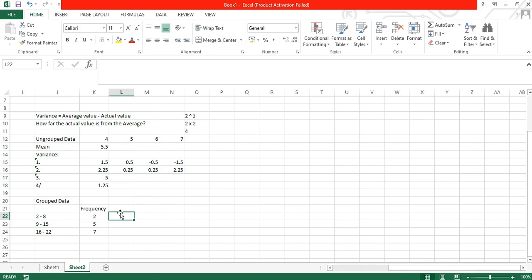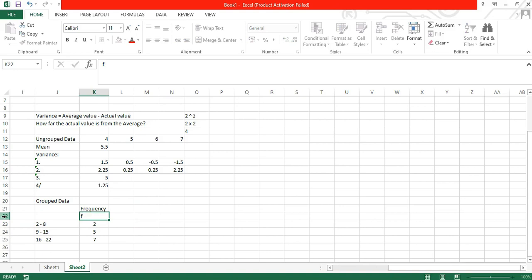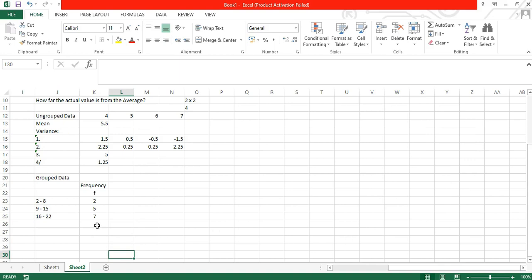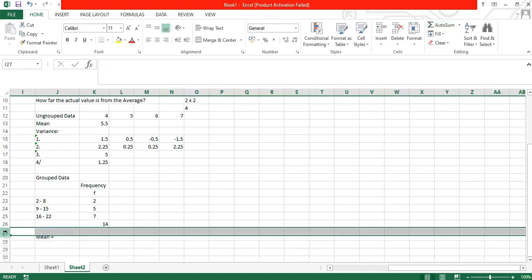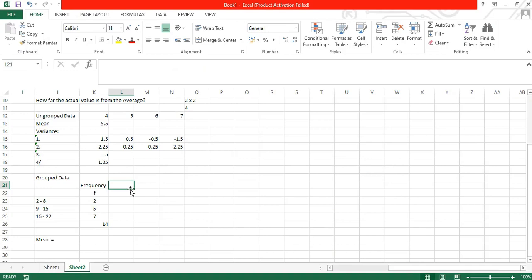Now, frequency we know is called F, right? What they want us to do first is find the mean. Same way. So I'm going to take the total of the frequency, which is 14, and I'm going to find the midpoint, because for the mean we have to find the midpoint.